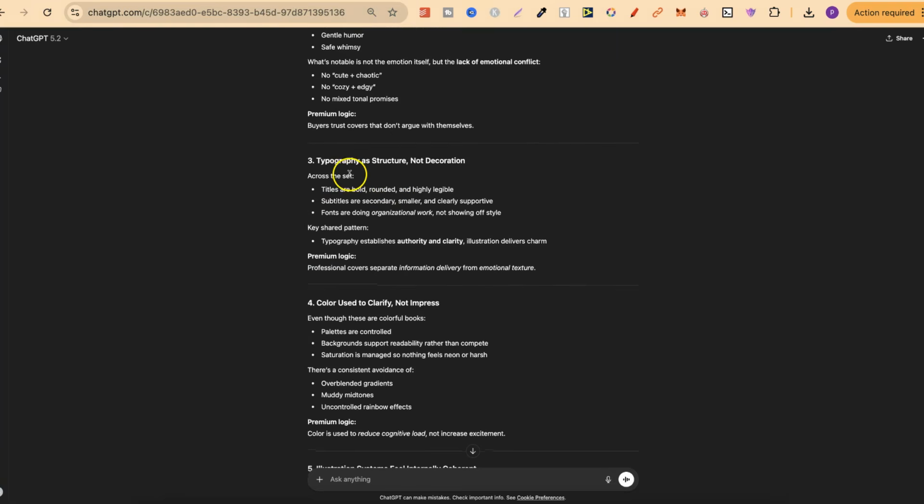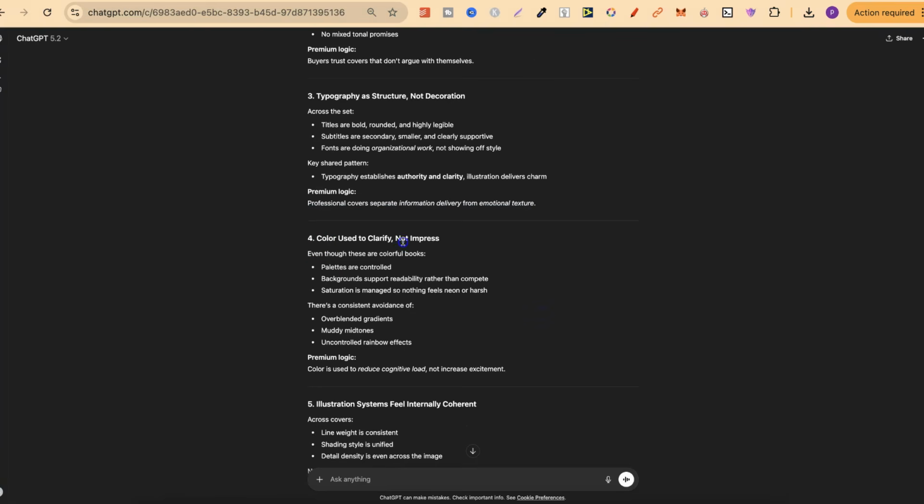Now, number three, typography and structure. Across the set, titles are bold, rounded, and highly legible. Subtitles are secondary, smaller, and clearly supportive. And fonts are doing organisational work, not showing off style. So, premium logic: professional covers separate information delivery from emotional texture.